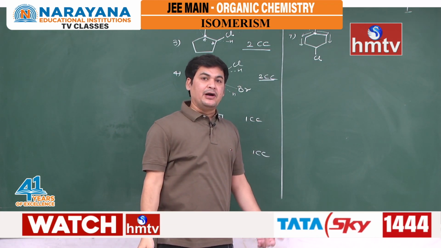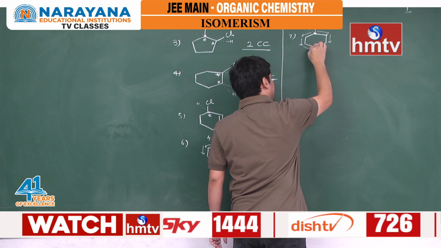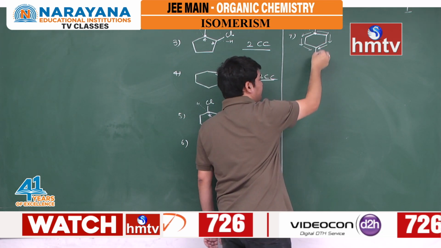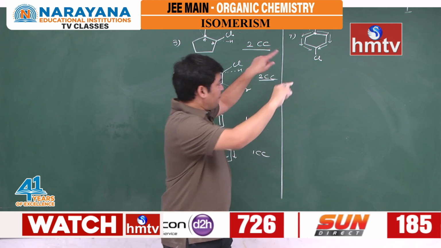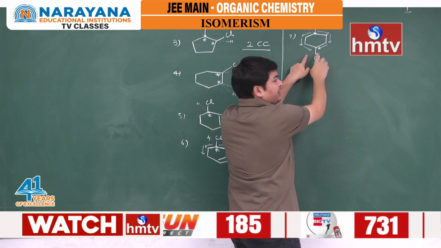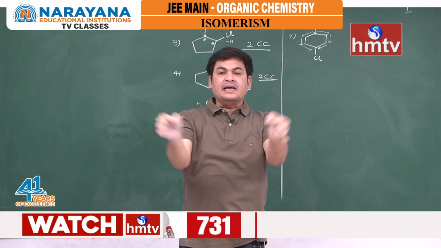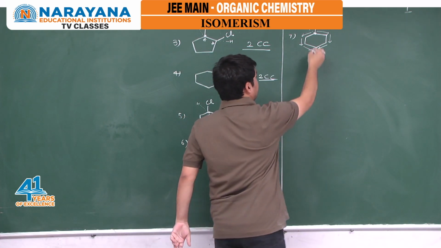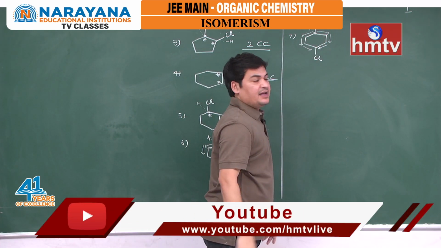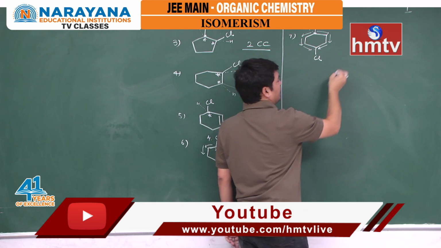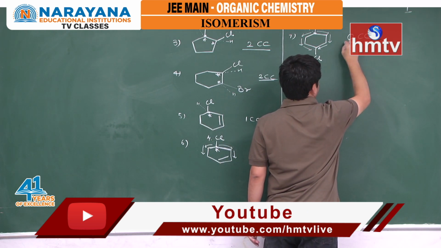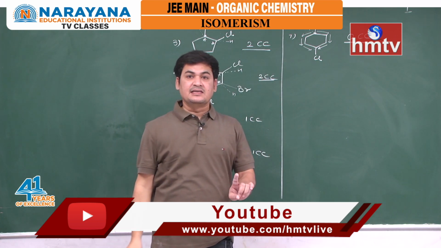Still I am not getting a point of difference. As I move forward again, I am meeting at the same point. It means finally I am not getting a point of difference. They both meet at the same carbon. It means the upper carbon is not a chiral center, and the same is the situation with the lower carbon. So there are zero chiral centers. We don't have any chiral center.